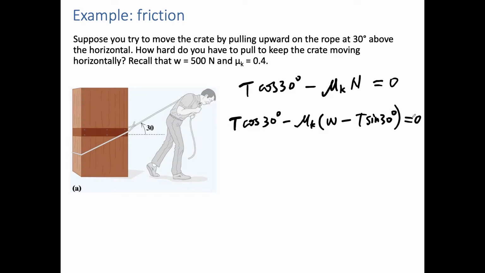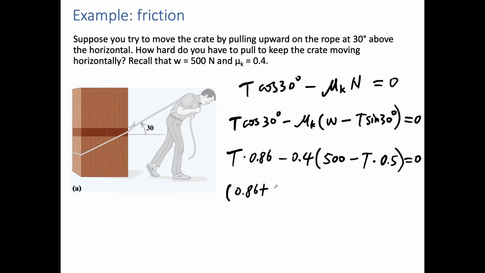And now we know all the numbers except the t, so we can solve for t, right? Cosine 30 degrees is 0.86 roughly. Mu k is 0.4. Weight is 500 Newton. T is something we want to solve. Sine 30 degree equals 0.5. Okay, put everything with t together.